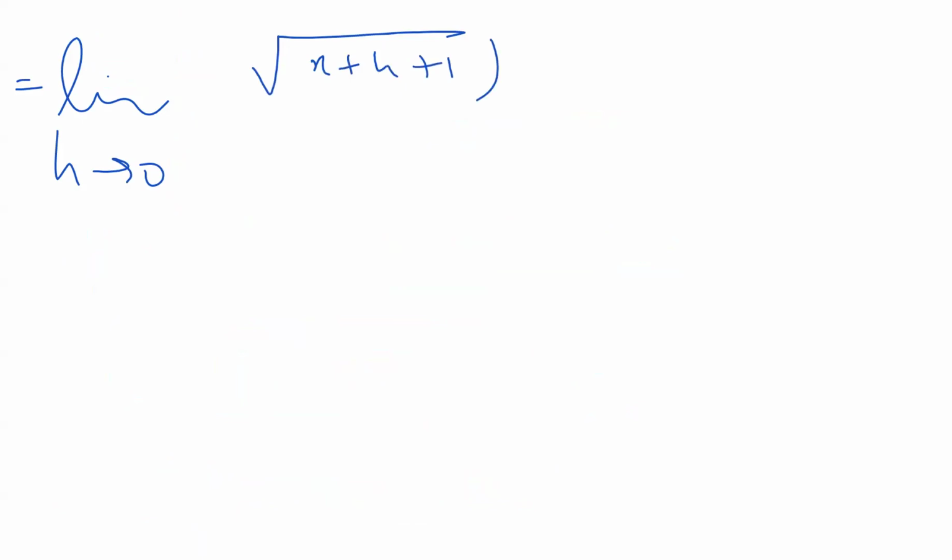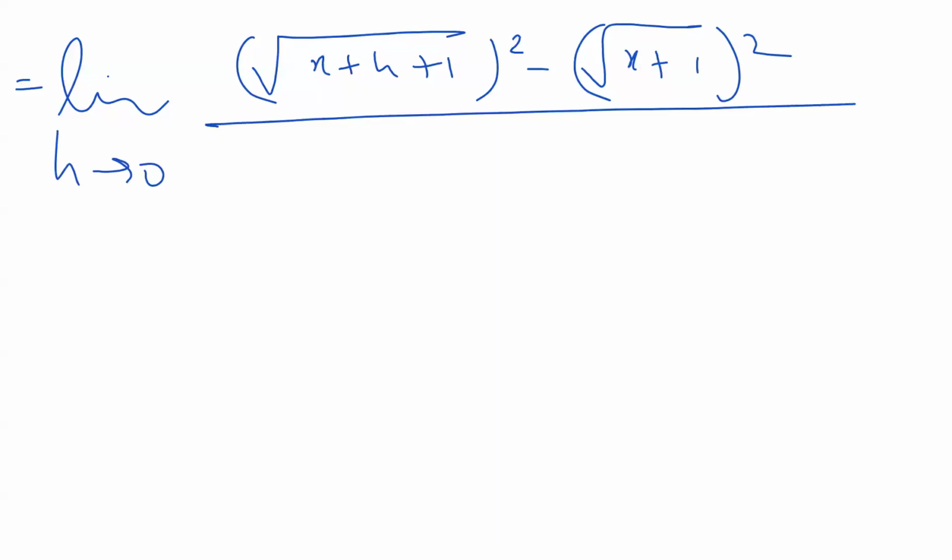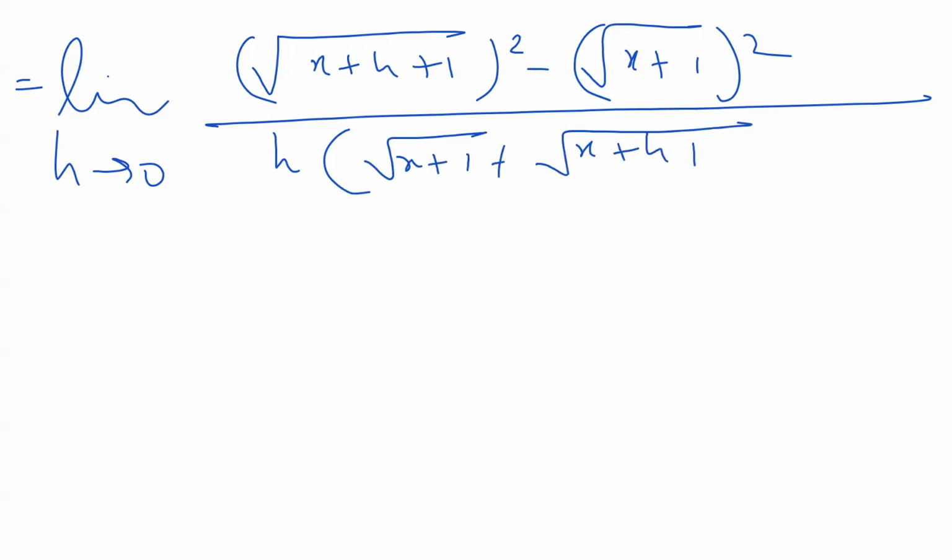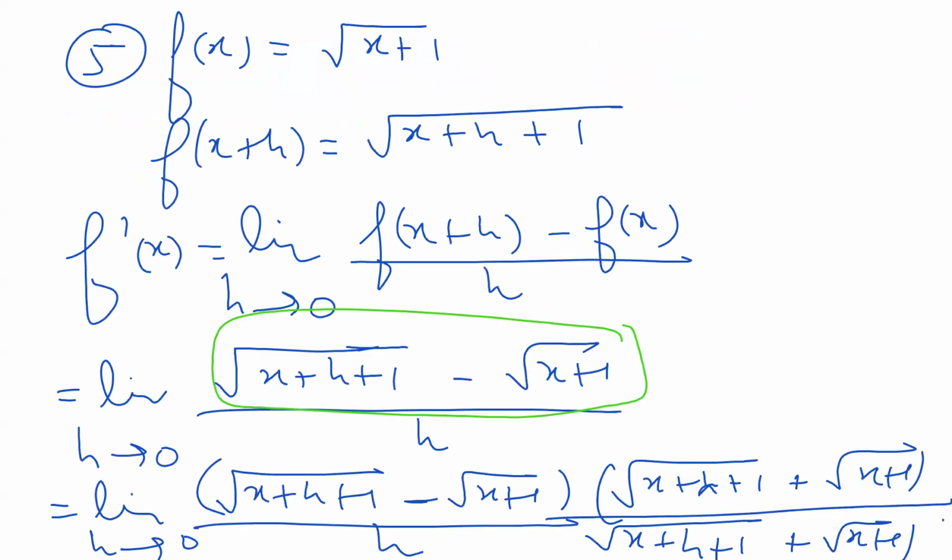A square minus b square upon h into root of x plus 1 plus root of x plus h plus 1. Just go back to the previous slide and check. Root of x plus h plus 1 plus root x plus 1.